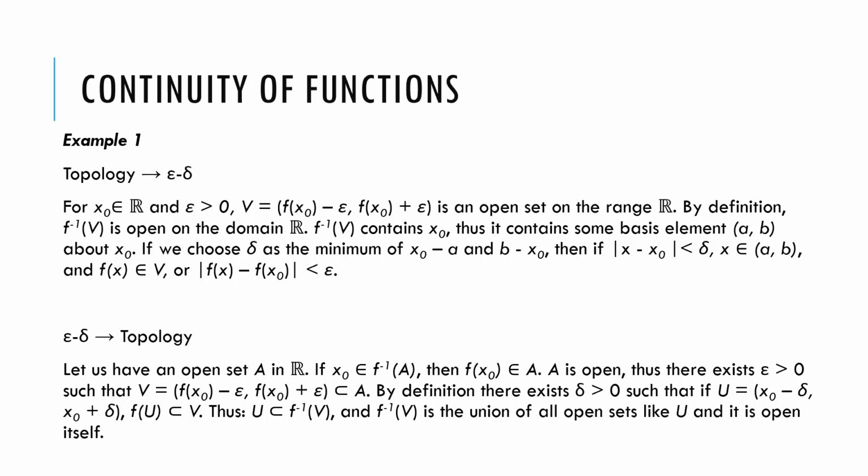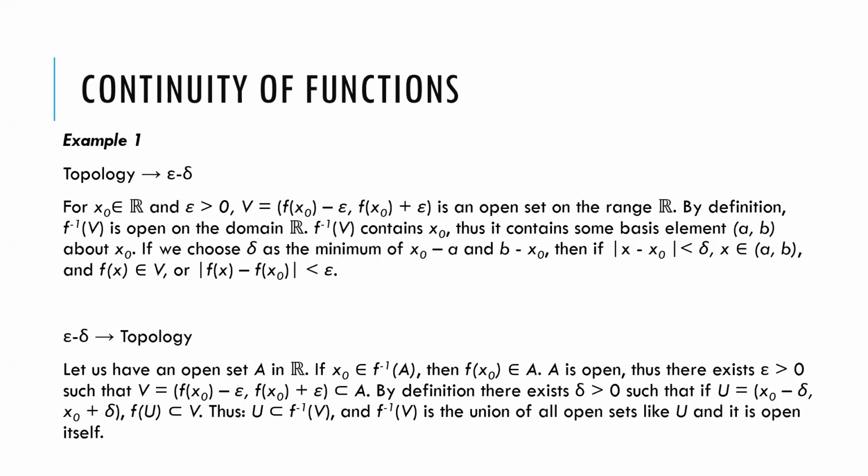So after example 1, we have example 2, which mentions other notions of continuity which we have met in math books before, like functions mapping from R to R squared, or R to R cubed, or R squared to R. All of the notions of continuity which we have for them can be shown to be equivalent to our topological notion of continuity.